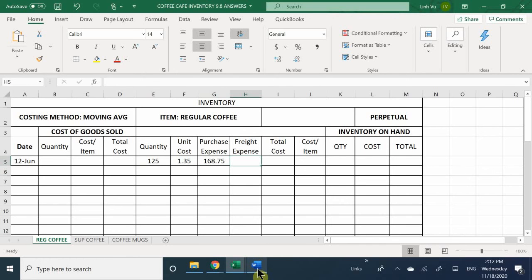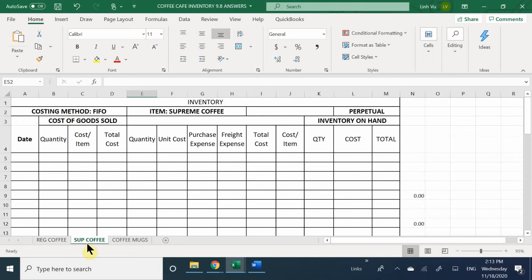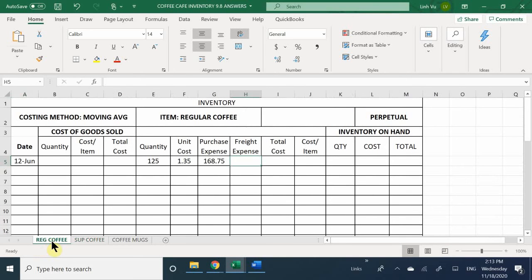Freight expense, we haven't incurred it yet, so let's leave it and continue on to the other one. So Supreme Coffee. I'm sorry, I was putting it in the wrong category, so I have to redo that really quick. No worries.